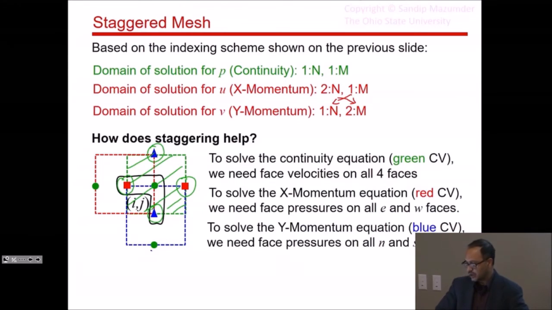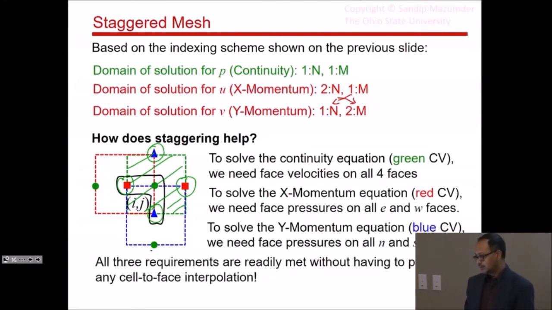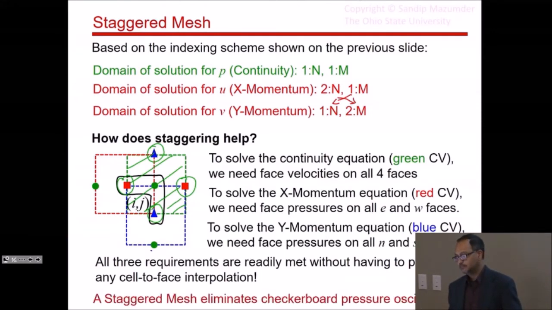He's the first one who came up with this idea of how we can eliminate interpolation. So all three requirements are readily met without having to perform any cell-to-face interpolation. And because of that, what people have found over the years, and you will also find it hopefully when you do your homework, is that a staggered mesh completely eliminates checkerboard pressure oscillations.